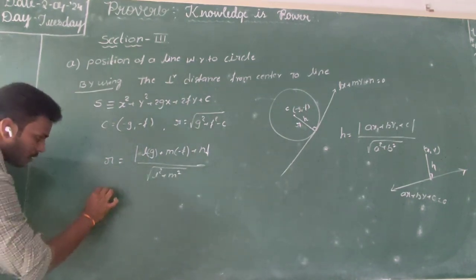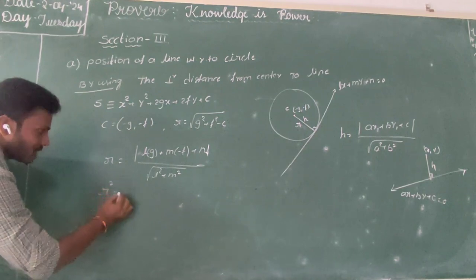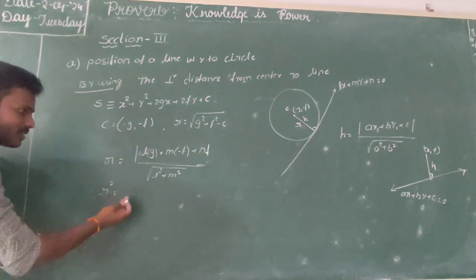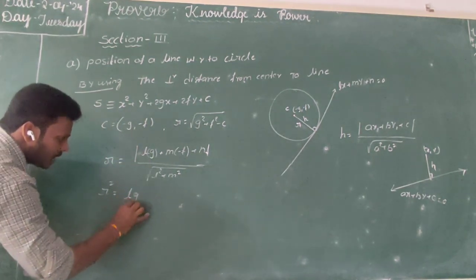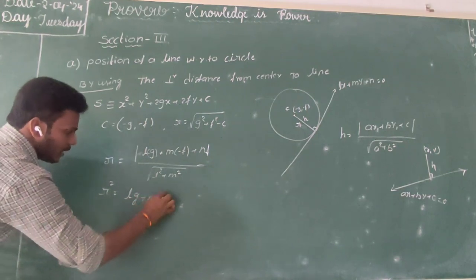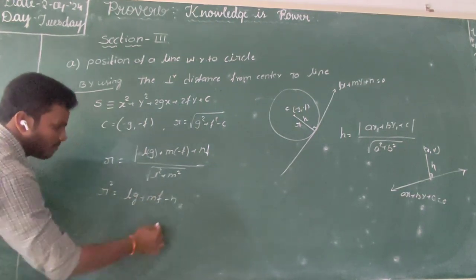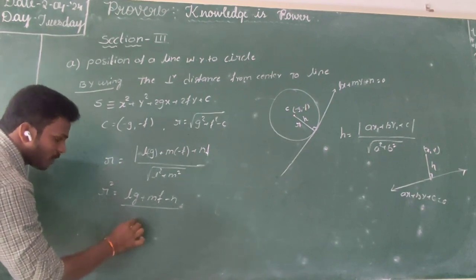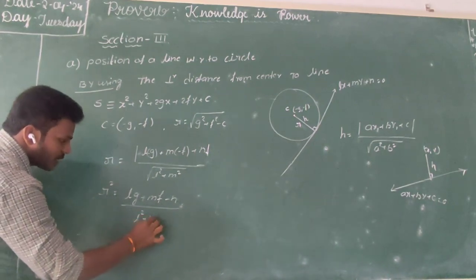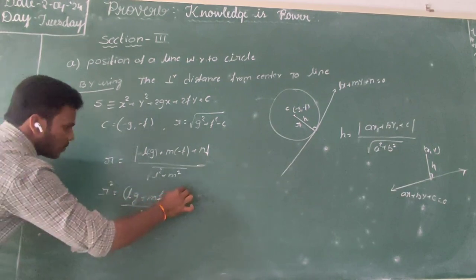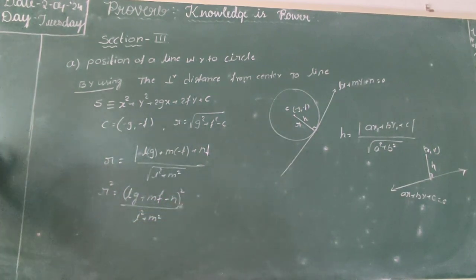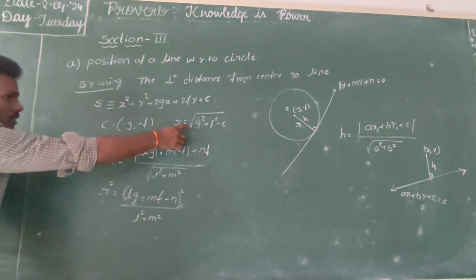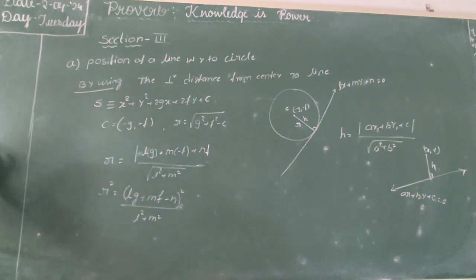Squaring on both sides, R square is equal to the whole square of L g plus m f minus n by root over L square plus m square. Now R square means root over g square plus f square minus c squared, so take that on both sides.